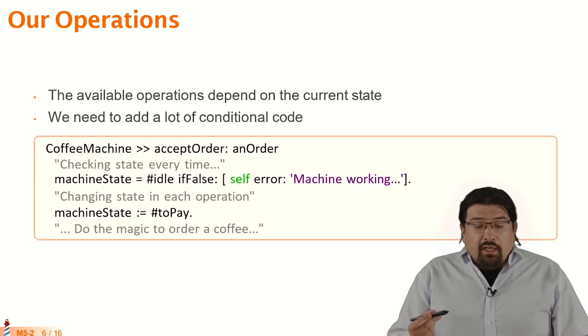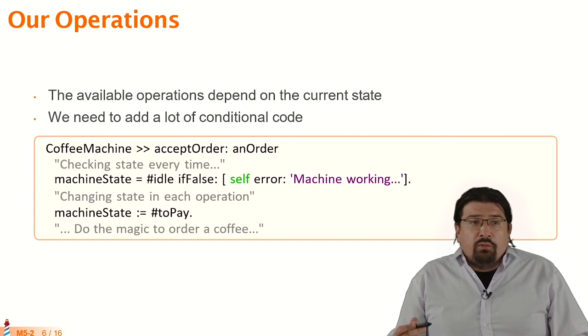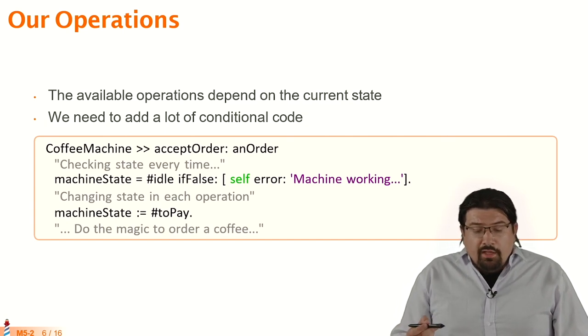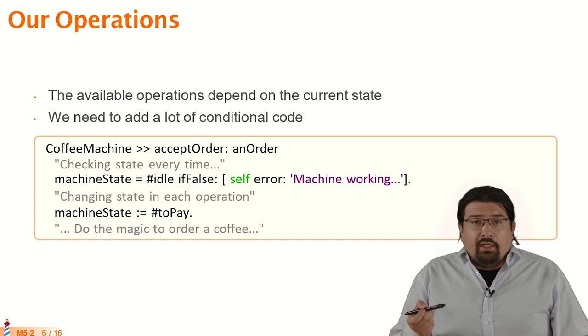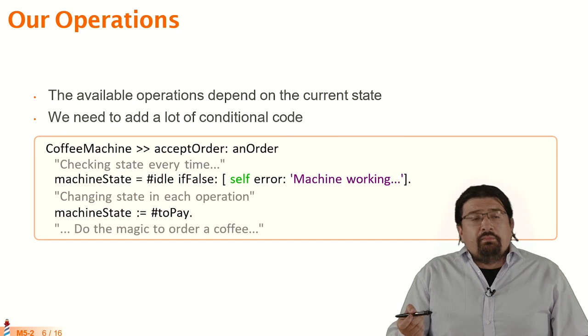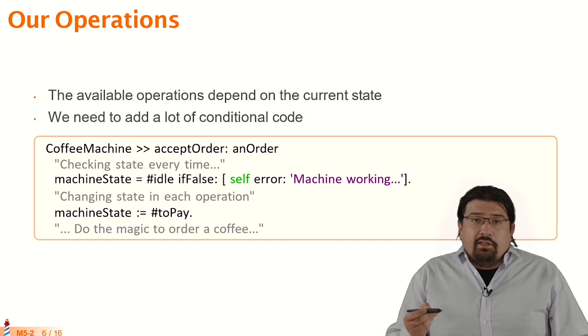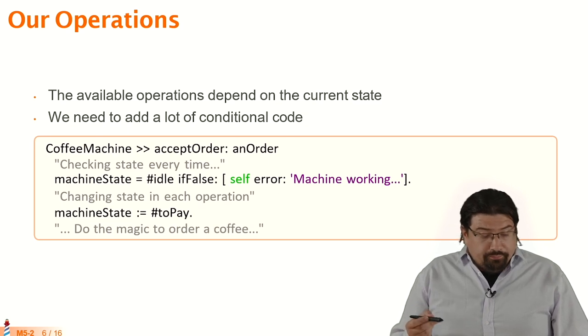Not all operations are available when we use the machine. They depend on the state that we are in. For example, we cannot enter money into the machine until we select correctly the coffee that we want.